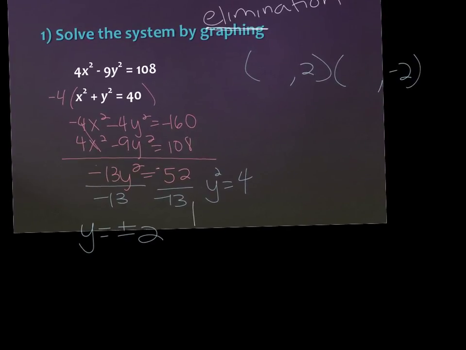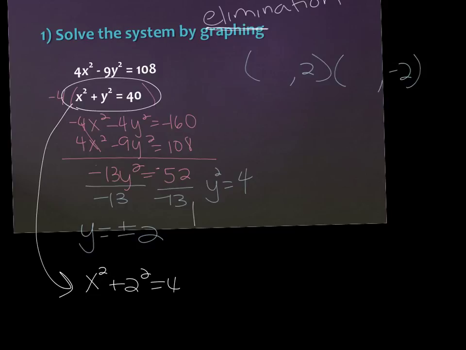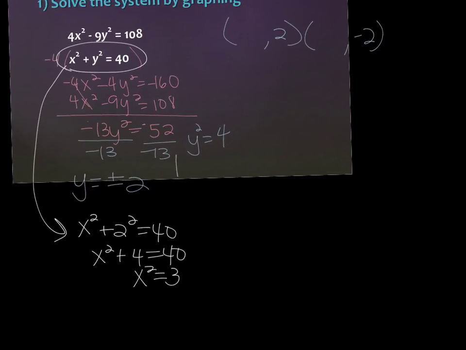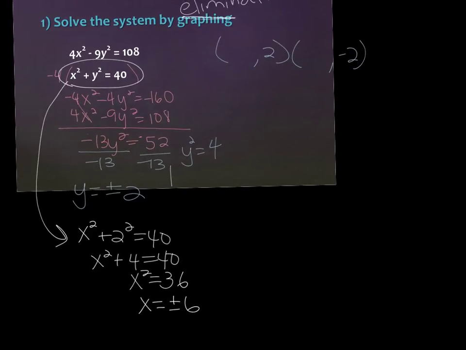You can plug them back into either one. Because these are smaller numbers, I would choose the second one. First, I'm going to plug in a +2. x squared would equal 36, and x is going to equal plus or minus the square root of 36, which is plus and minus 6. So if y is 2, I get two x's.